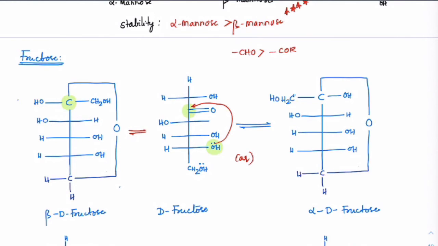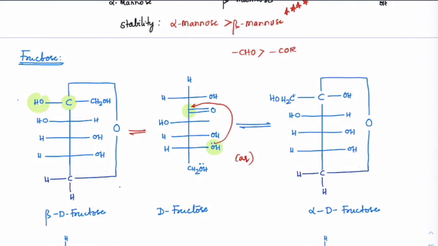Everyone, these are not some vertices of carbon. This is just to show the bond formation. This is all one bond only: from carbon to oxygen, one bond, and oxygen to this carbon, one bond. But in the Fischer projection, this representation is normally used. Same fundamentals here also.